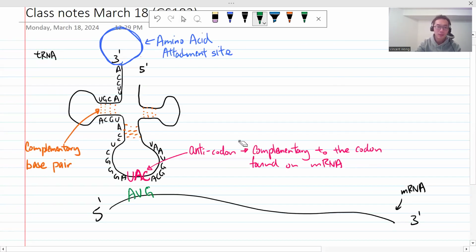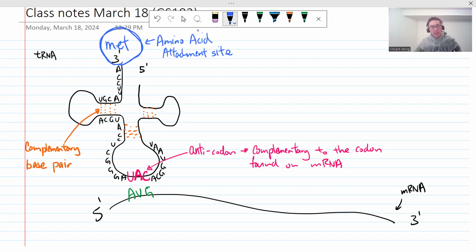MET, that's correct, right? So AUG codes for MET. So this amino acid has to be MET. You see that? The tRNA anticodon has to match the codon for it to come over.